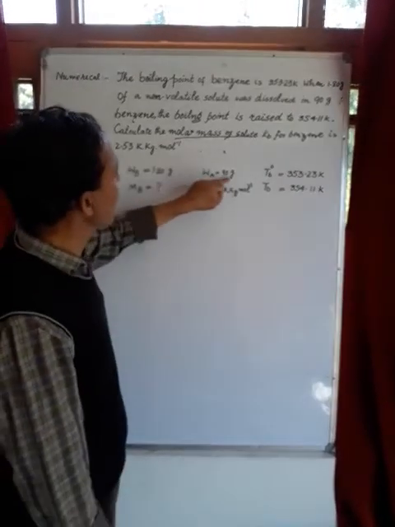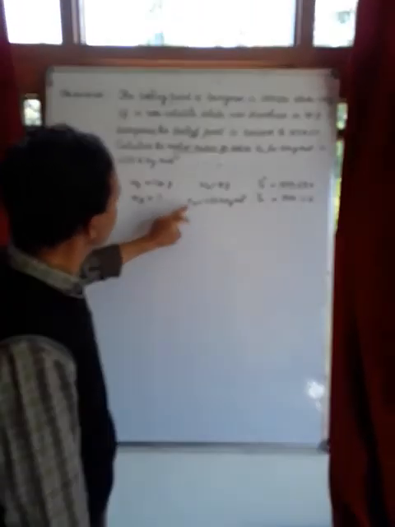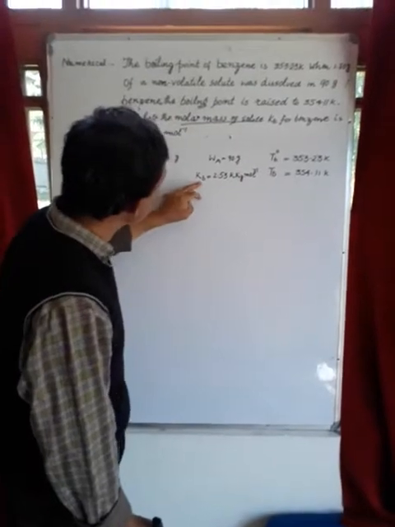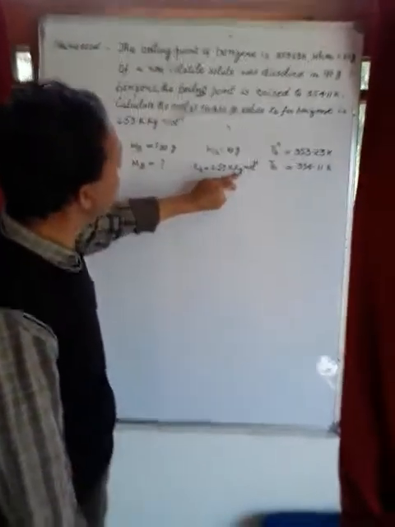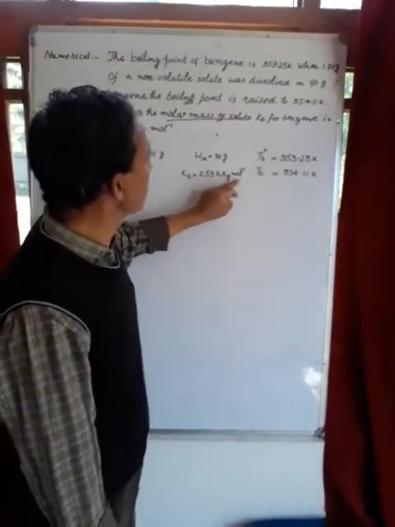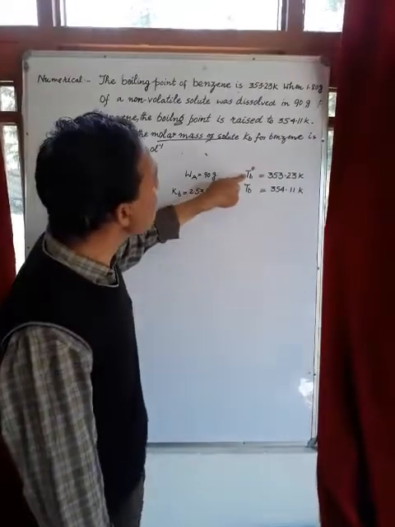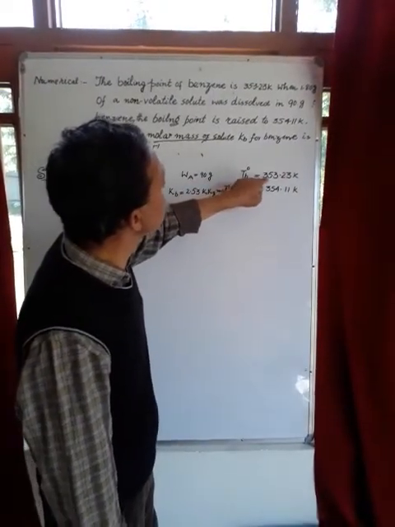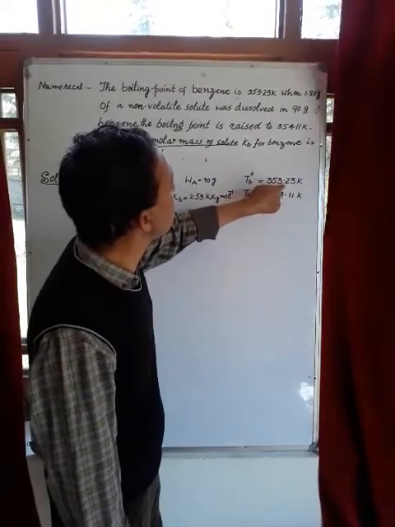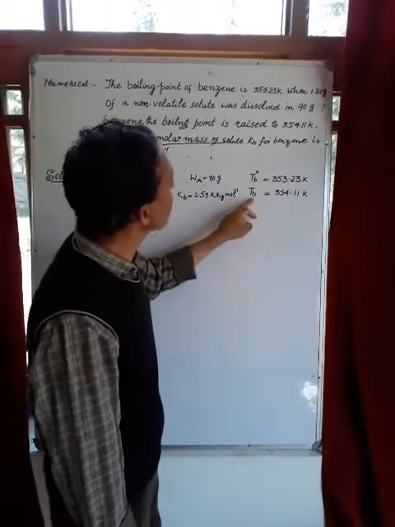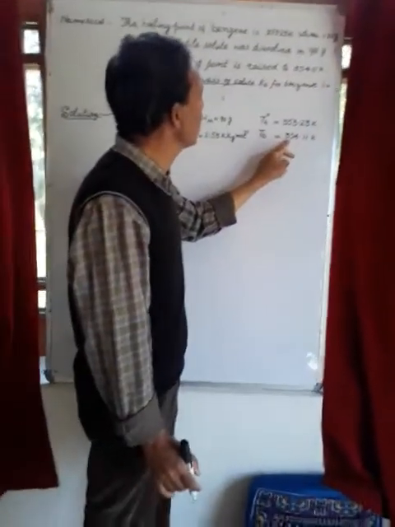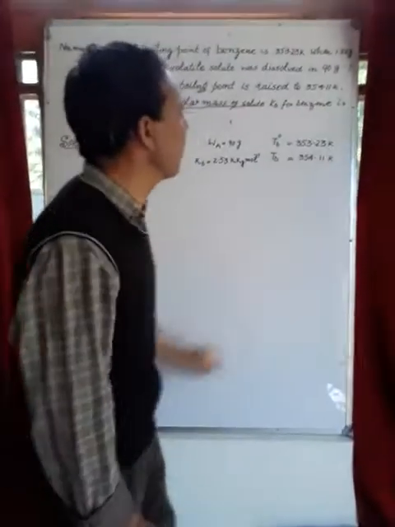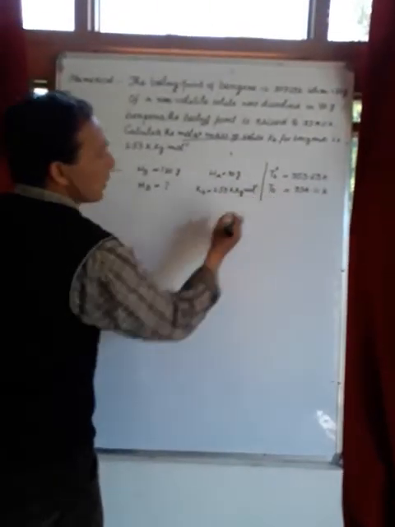Mass of the solvent 90 grams, molar elevation constant 2.53 Kelvin kg per mole. Boiling point of the benzene, that is 353.23 Kelvin. Boiling point of the solution is 354.11 Kelvin. Now, how much is the elevation in boiling point?